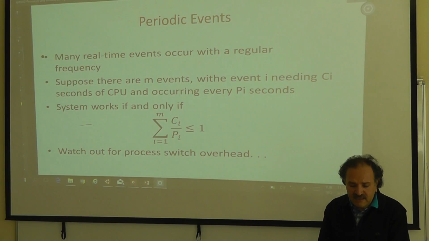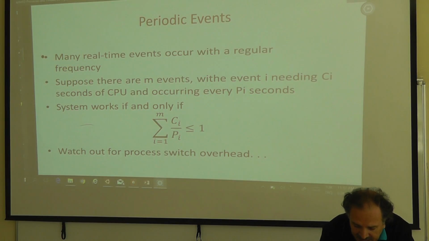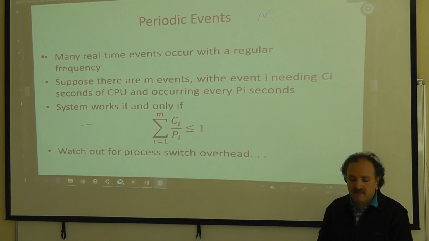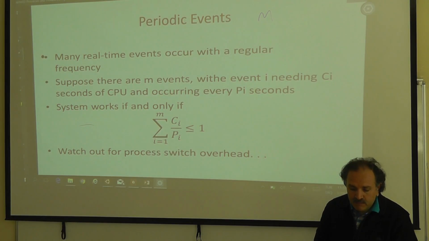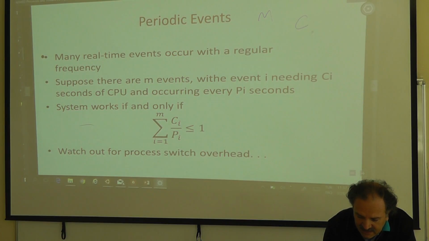When we come to real-time systems, the important thing is this. Let's say I have M processes. The process number i uses this much CPU time, Ci.